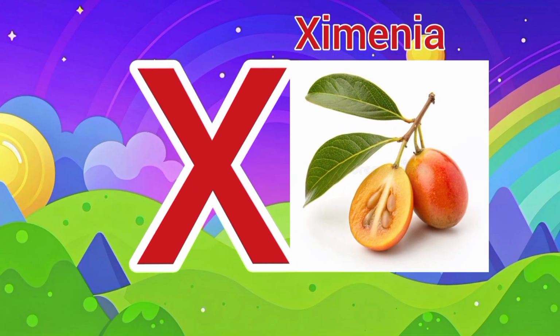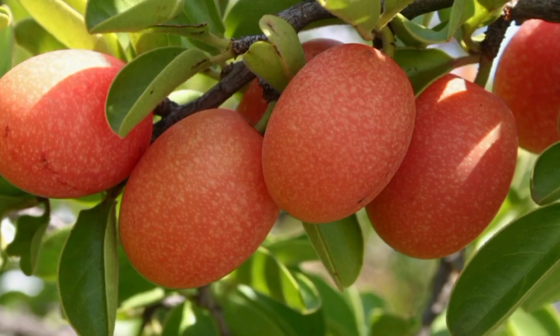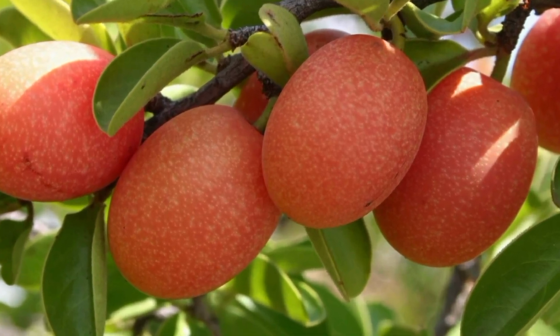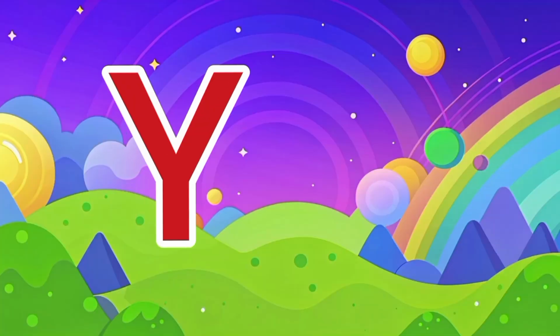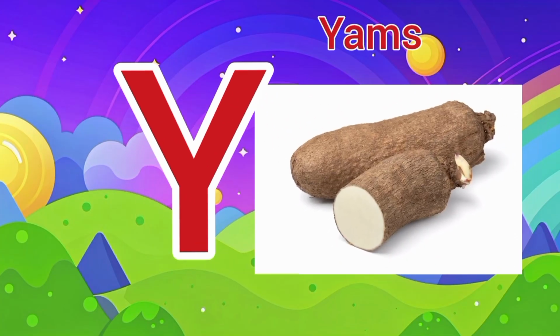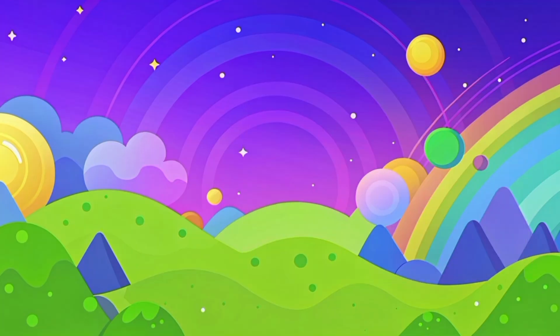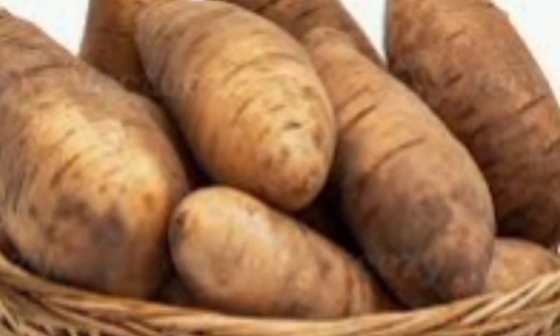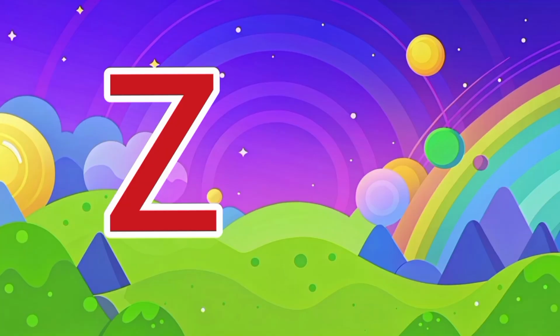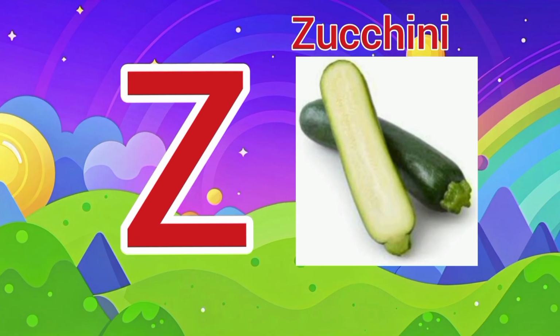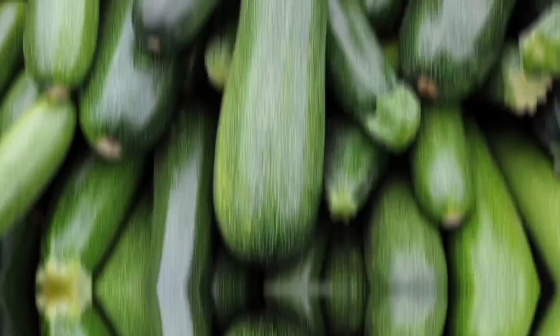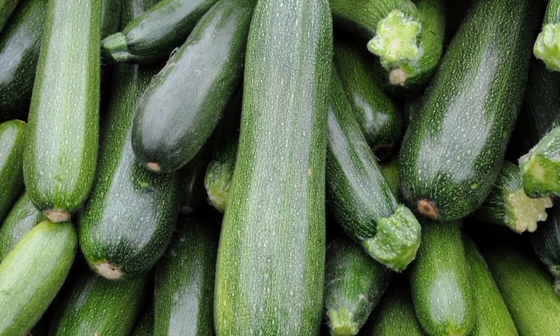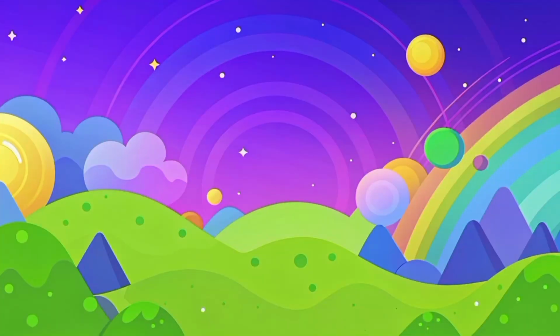X is for Ximenia. Y is for yams. Z is for zucchini.